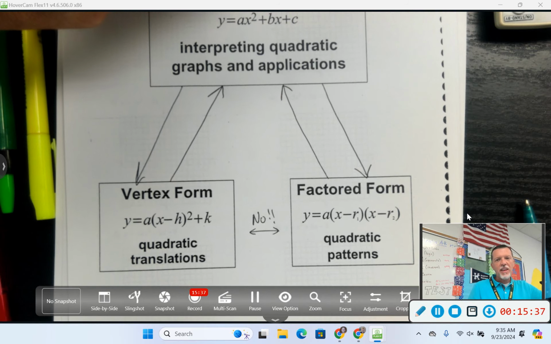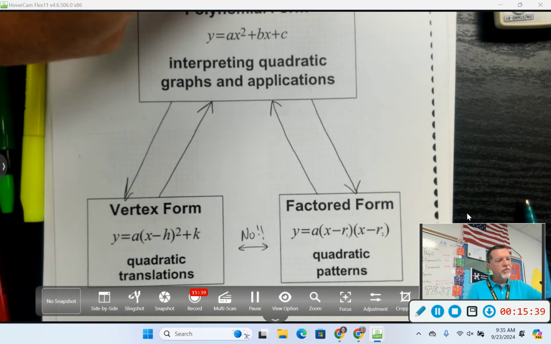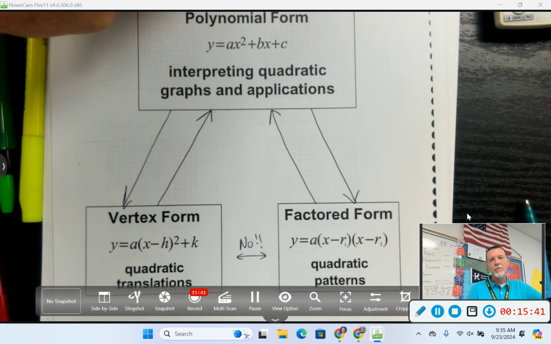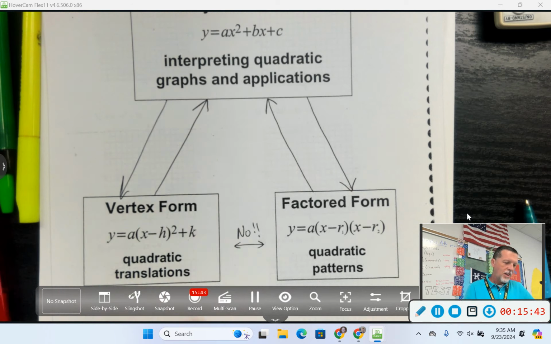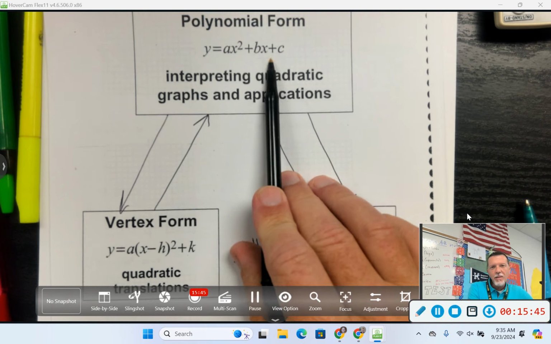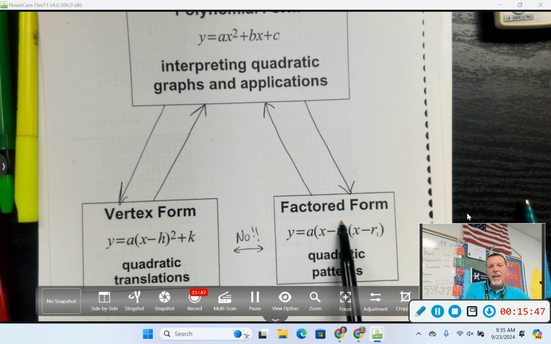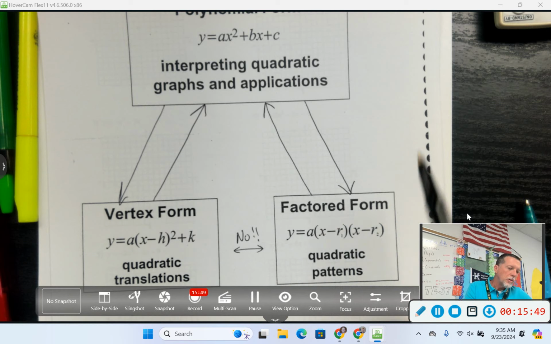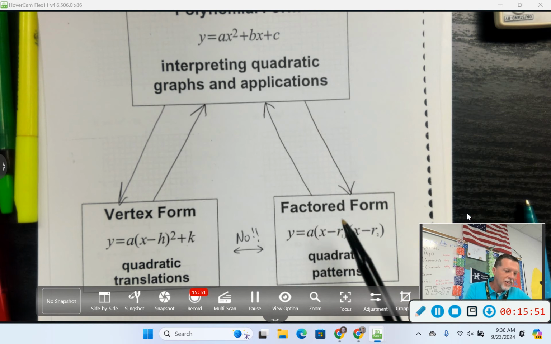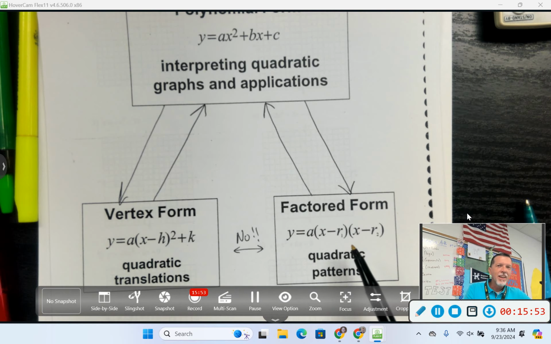Let's see. I want to label each of those arrows, but I think you already know the label for most of the arrows. If I start at the polynomial form and want to land at factored form, what would I have to do to get from this to this? Hint, the word's already on the page somewhere.